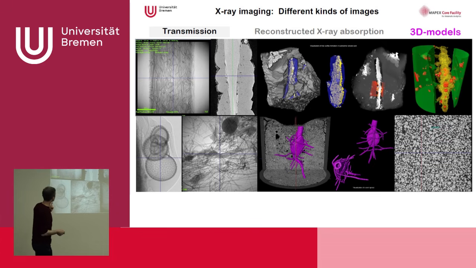Let's start. If you think of X-ray imaging, you get different kinds of images. Sometimes you see a light background with dark features. That's the transmission image, when you put the sample in the beam and let the detector take an image.